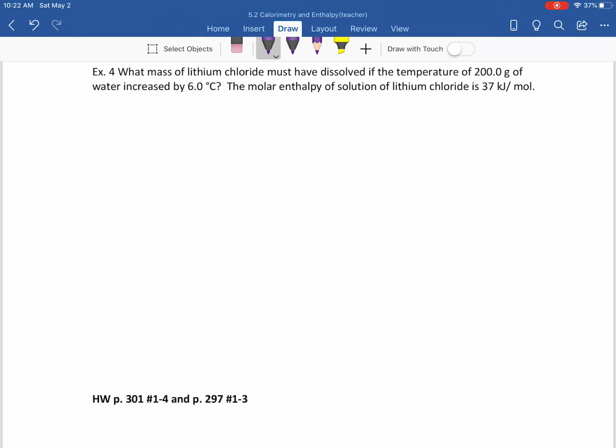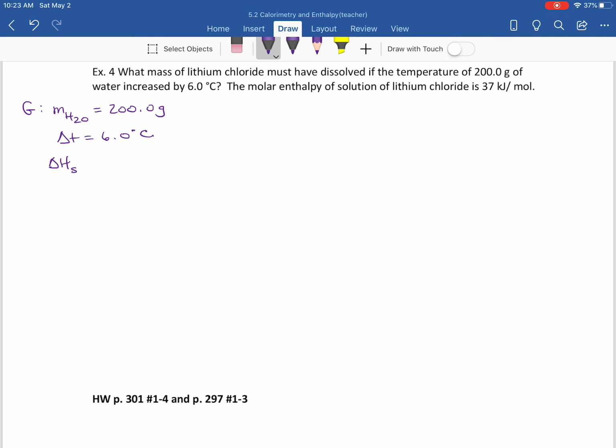What mass of lithium chloride must have dissolved if the temperature of 200 grams of water increased by 6 degrees Celsius? Okay, so what do we know? We know the mass of water is 200.0 grams. We know that the water changed temperature and it increased by 6.0 degrees, so that's a positive 6.0.